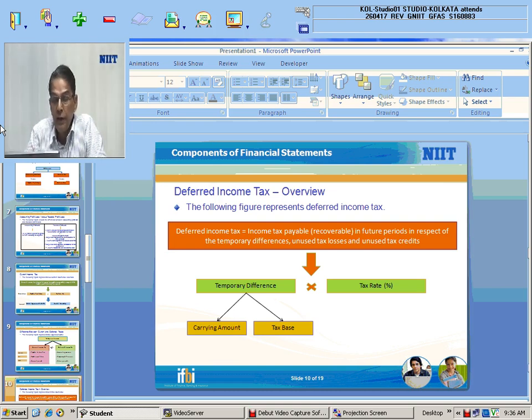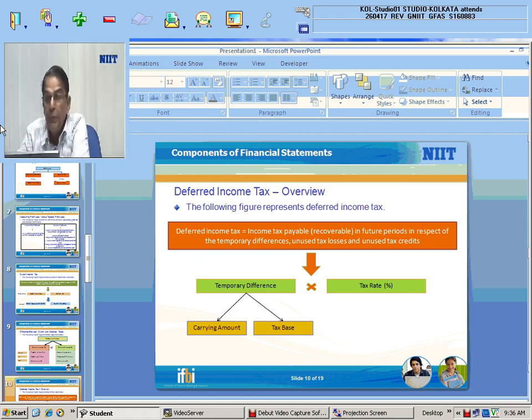So temporary difference multiplied by the tax rate will give you deferred income tax, plus unused tax losses and unused tax credits.